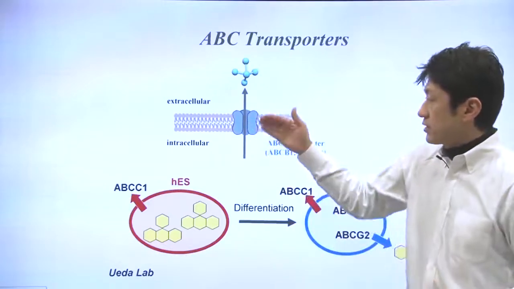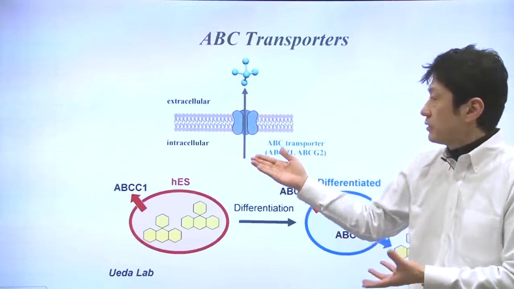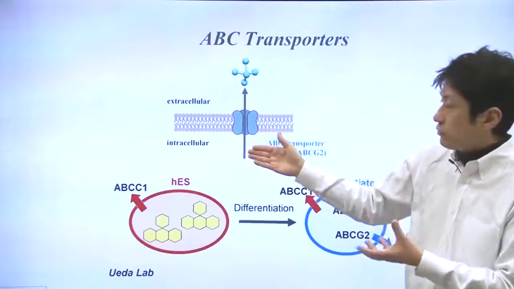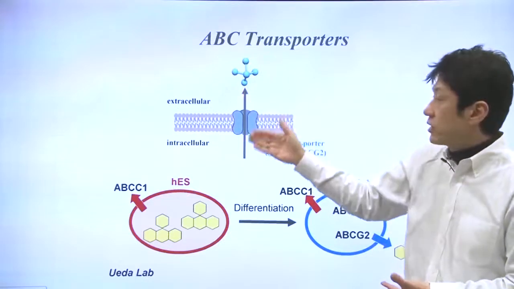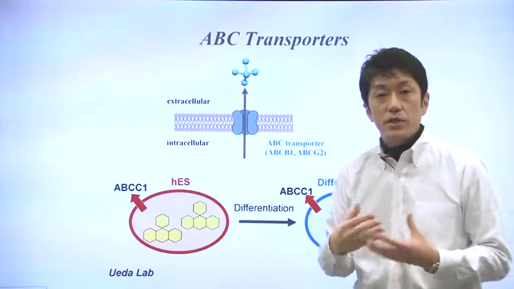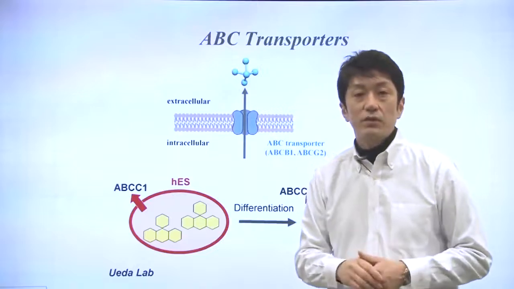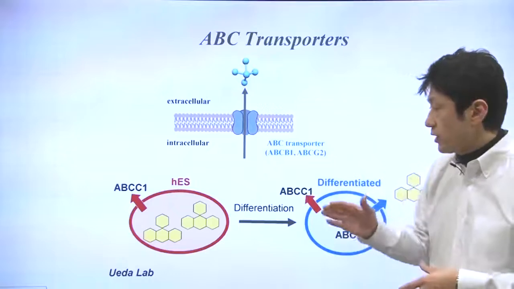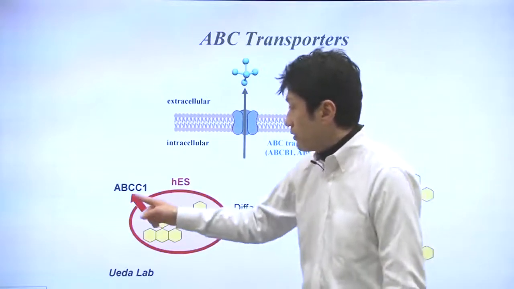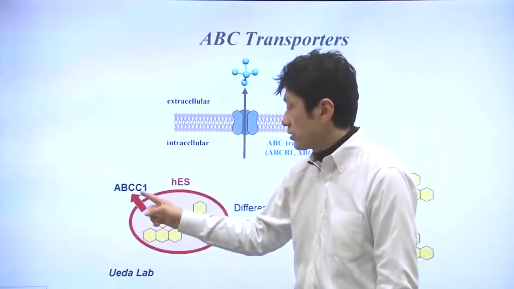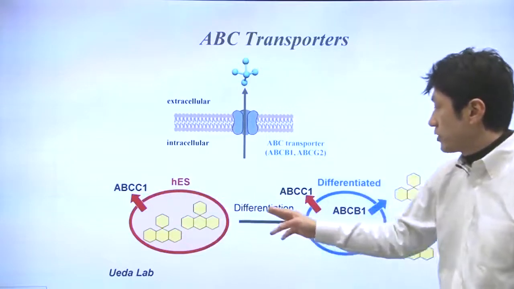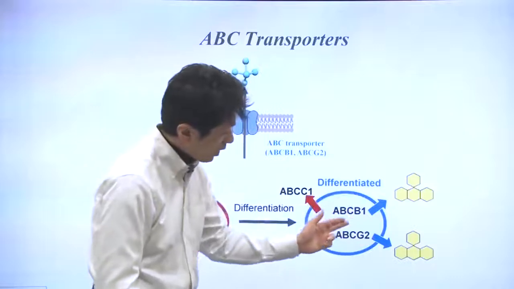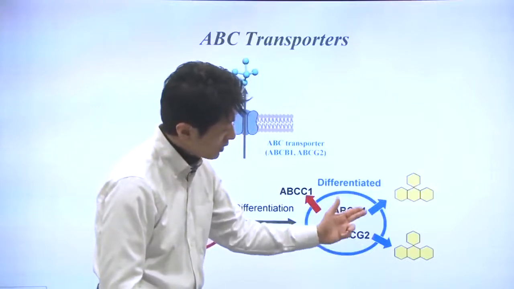If cells get something inside, ABC transporters try to get rid of those unnecessary molecules. It's just like a pump. Our cells have 48 different kinds of ABC transporters, but inside the iPS cells or ES cells, ABCC1 is expressed. Here's a pump, but upon differentiation, two different kinds of pumps, ABCB1 and ABCG2, are expressed.